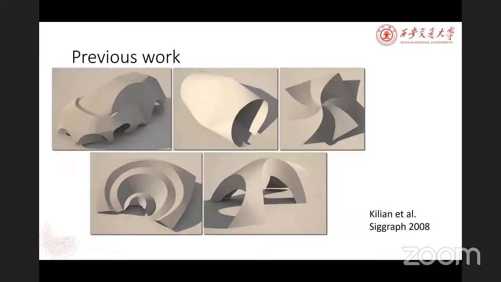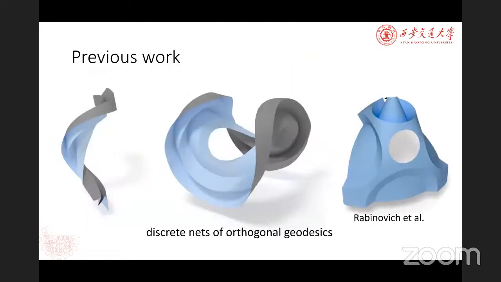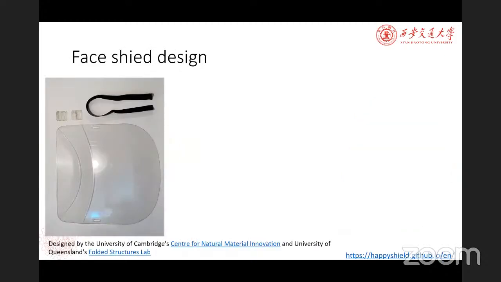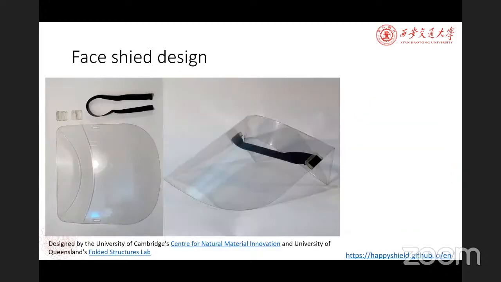For research, Kilian and his colleagues developed quad meshes for the reconstruction of general curved crease surfaces. The recent work of Rabinovich used discrete nets of orthogonal geodesics to model developable surfaces and also curve folds. Here is an example of curved crease origami for a face shield design.